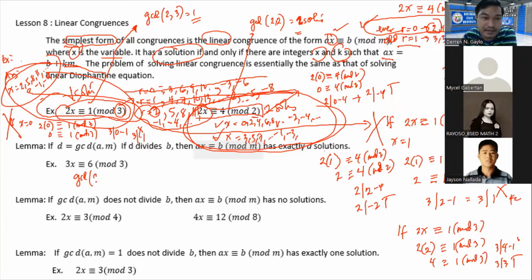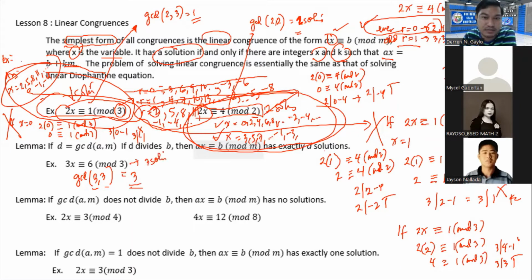How much? If they are the same number, what is the GCD? Like in our last description, it's the same. The GCD of 1 and 1 is 1. The GCD of 2 and 2 is 2. So here, the GCD of 3 and 3 is 3. Therefore, this has three solutions.